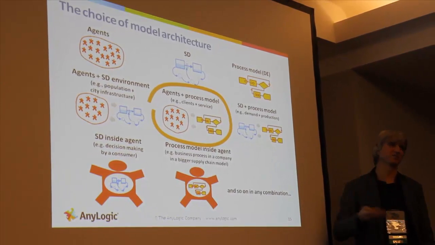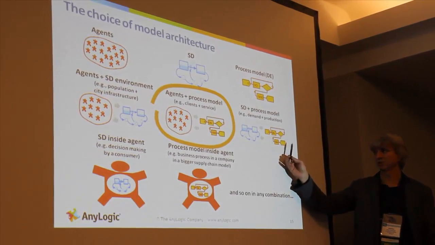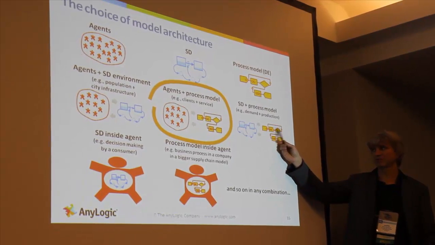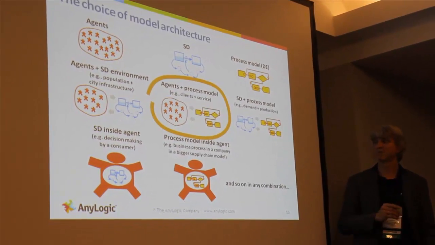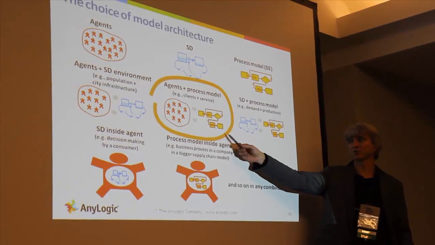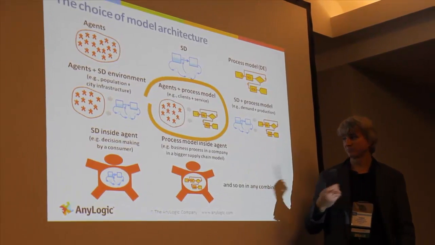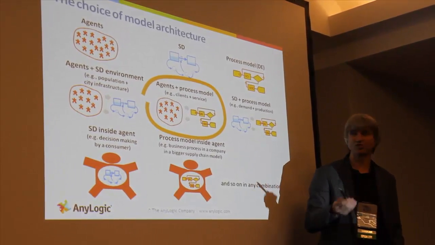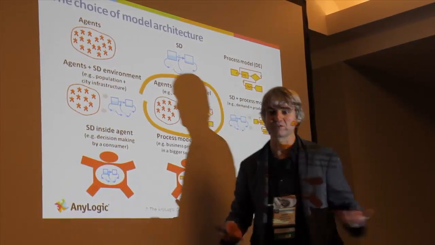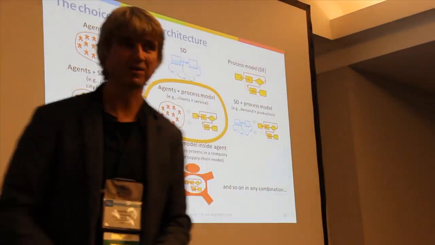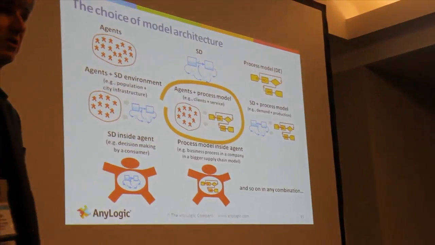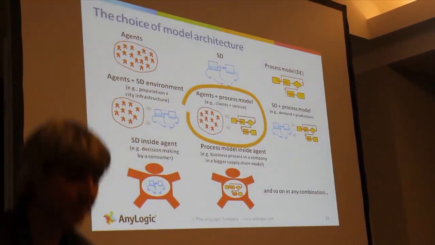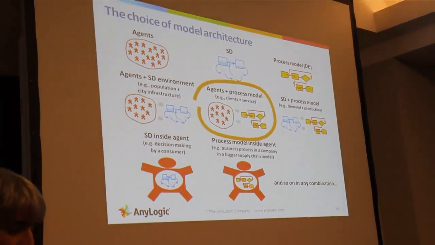But clinic is clearly a process, so we will be using discrete-event methodology for clinic anyway. Okay, but this is more interesting, especially because you will be able to see how agent-based models are built, and what kind of clicks and typing I do when I build agent-based models in AnyLogic.